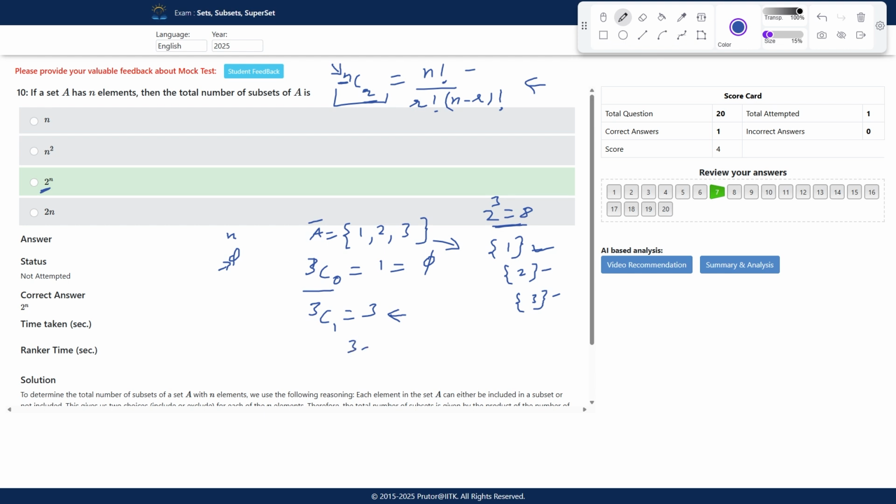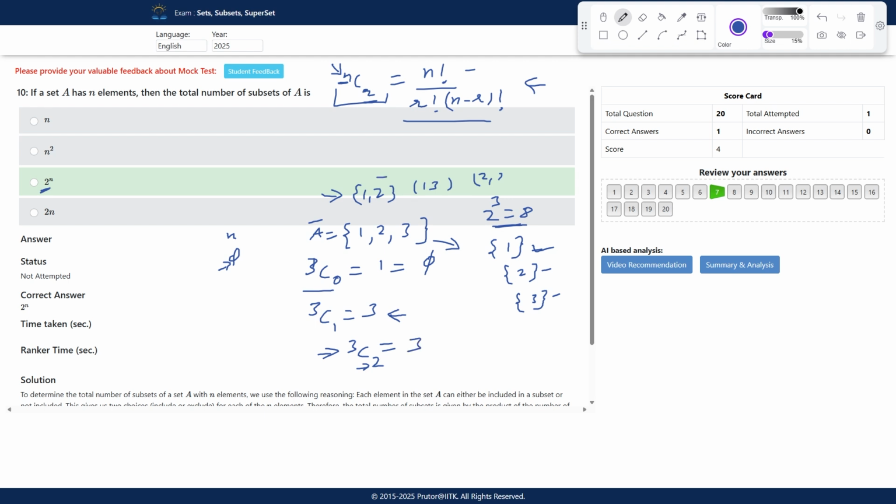Clear? Now what this represents is choosing 2 elements out of 3, meaning we are constructing a subset of A in which we have exactly 2 elements. So exactly 2 elements: 1 2, 1 3 and 2 3. Clear? And this evidence backs up this expression 3C2. If you solve using this formula, 3C2 is simply 3.